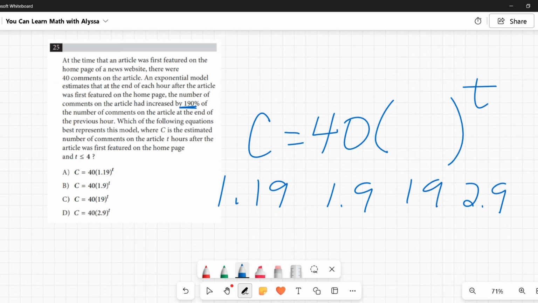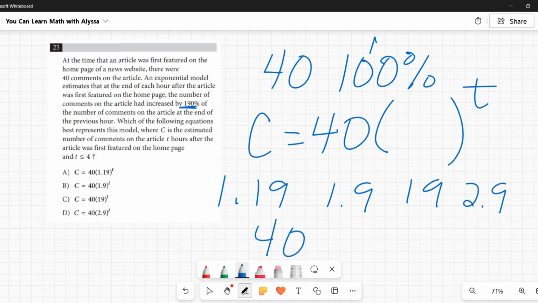What's the difference? Think about it this way. If I said I had 40 comments and then after an hour it increased by 100%, would I multiply by 1? It's not changing anything, right? There's no increase at all. No, if you increase by 100%, you've doubled the number of comments. It was 40, and then there was 100% more, 40 more, that happened.